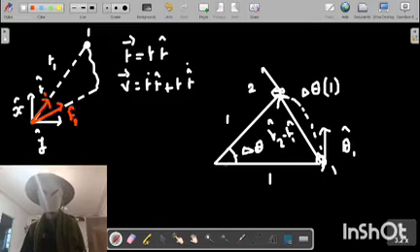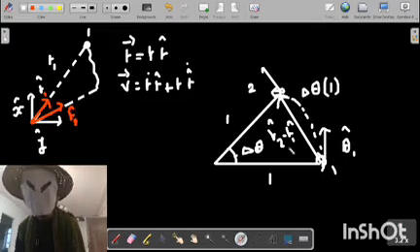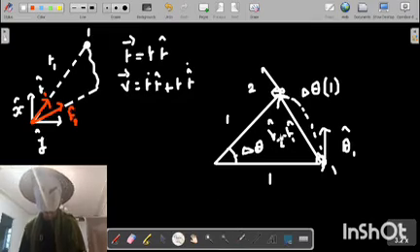So if r hat 2 minus r hat 1, the difference between these two vectors, the amount of it is delta theta. Also, the directionality of this, let me show you. The directionality of this vector, r hat 2 minus r hat 1, is this direction.